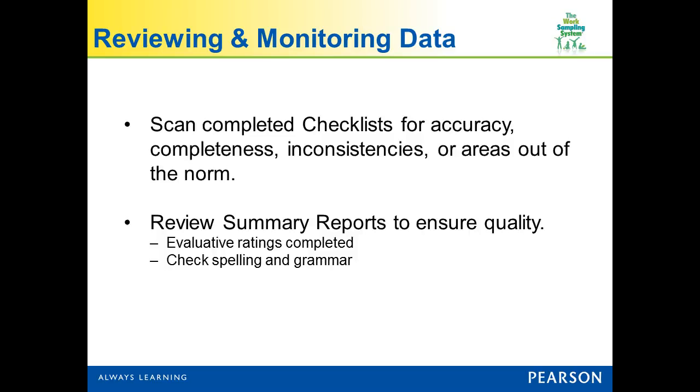If you're using the version of the summary report called the standard summary report, you may recall that it includes a couple of evaluative ratings, as expected or needs development are the types of ratings that we make. So we always want to make sure those are completed if that was the intention. And then also in the narrative section, just making sure that correct spelling and grammar has been used.